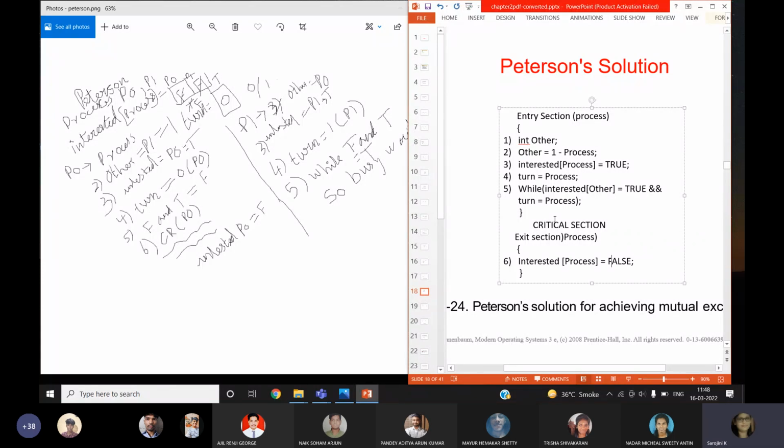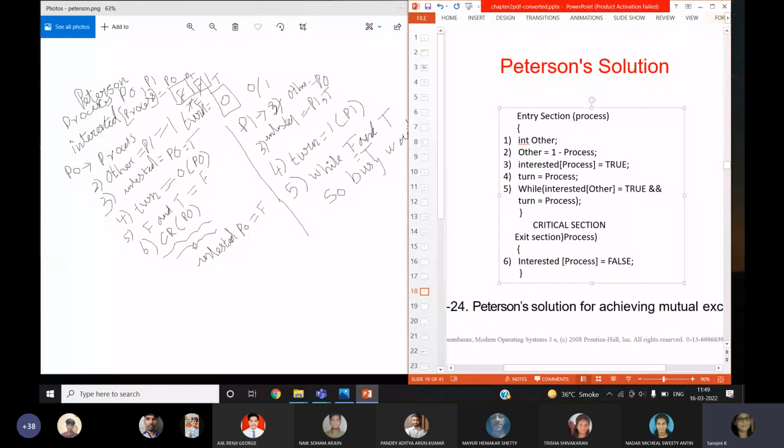When process P0 is currently in the critical section, assume that, what we are trying to prove in all these algorithms is that only one process at a time is in the critical section. That is what we have to prove, whether the algorithm allows only one process at a time in the critical section or not.